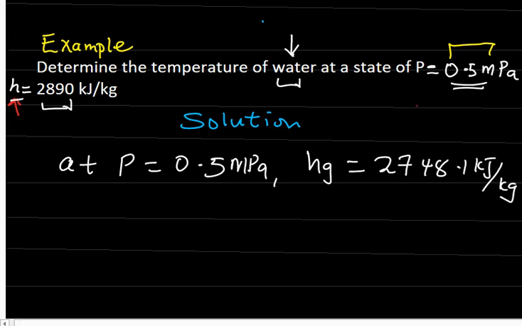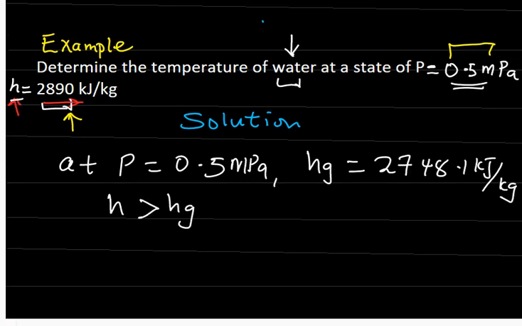Now let's compare it to this. As you can see, the enthalpy that is given is greater than the enthalpy of the vapor. So H is greater than Hg.